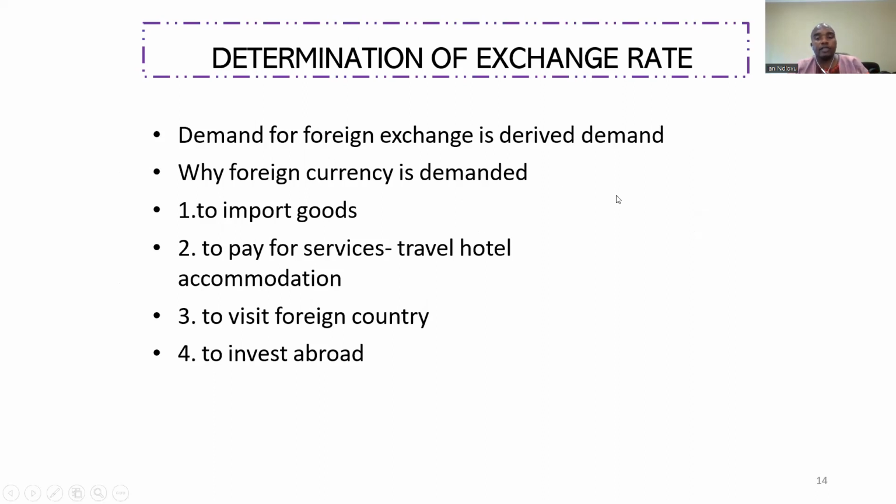The demand for foreign exchange is a derived demand, because people demand Forex to pay for imported goods, to pay for services like to travel to other countries and for hotel accommodation, to visit a foreign country or to invest abroad.